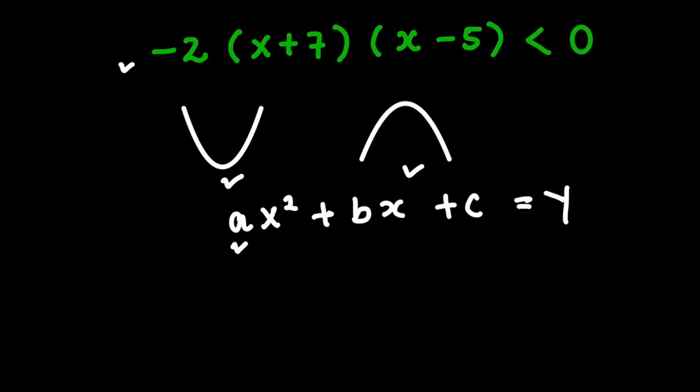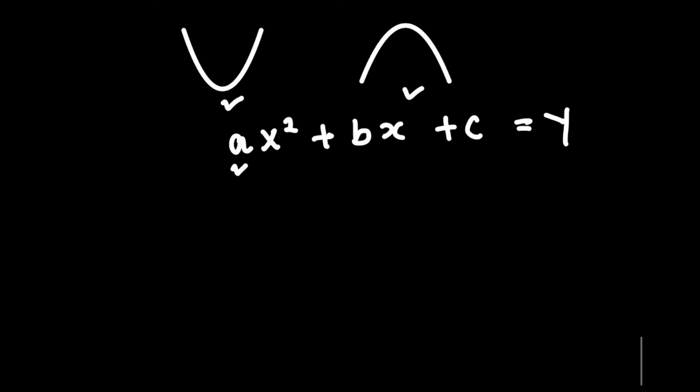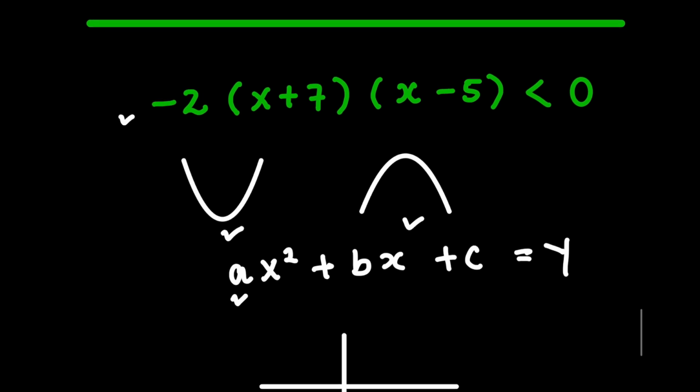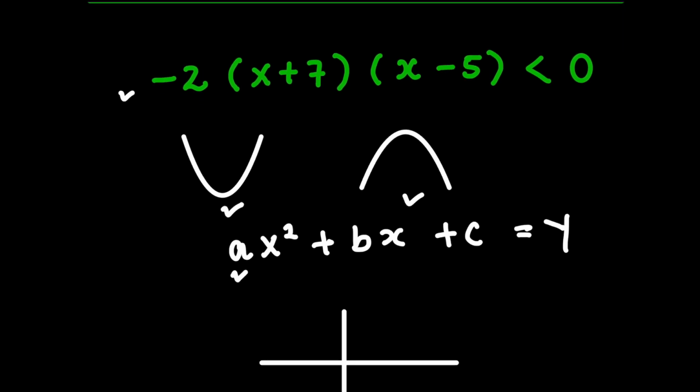Okay, so now we're going to solve this using a graphical method and the table method. We've got our Cartesian plane here, and what are our critical values? Our critical values, I'm going to write CV over here, are actually -7 and +5.